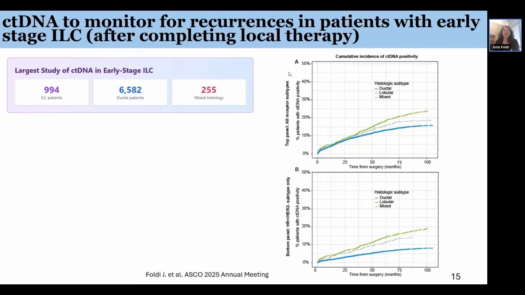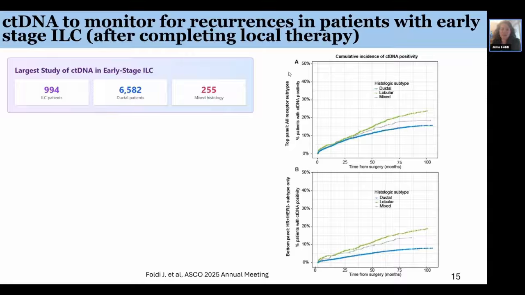So switching gears slightly, the examples I showed so far were in metastatic lobular breast cancer. Of course, we are very interested in how we can use ctDNA to monitor for recurrences in patients with early stage breast cancer after completing their local therapy.